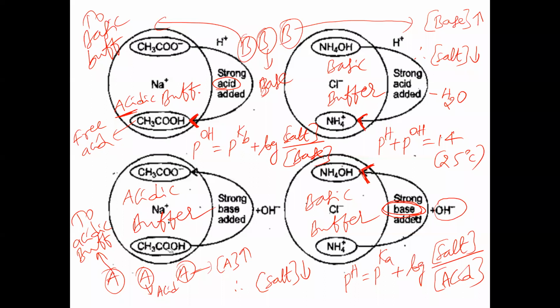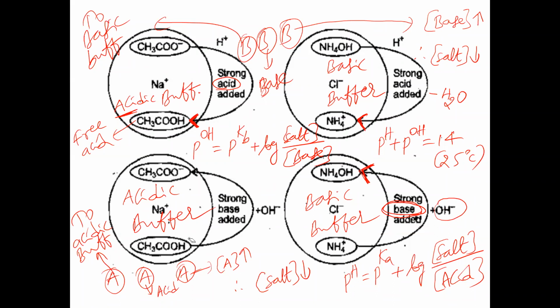The OH minus ions produced by the strong base NaOH will combine with which one? CH3COOH is the acid here, and CH3COO minus is its conjugate base, remember. With a conjugate base, the OH minus base does not react. So OH minus must react with the acid. This acid will produce H plus ions.